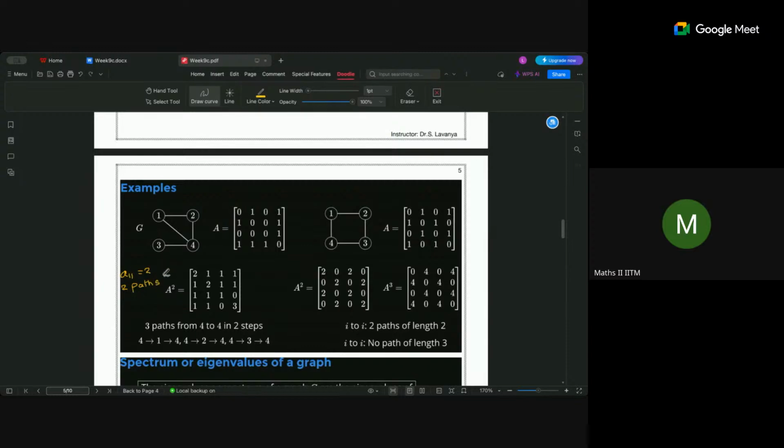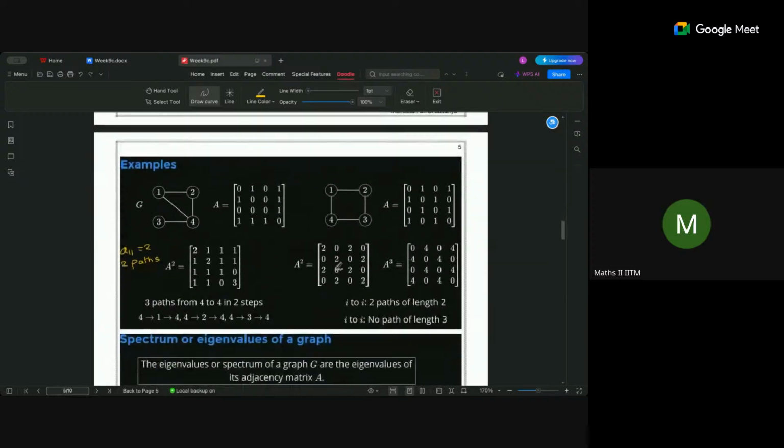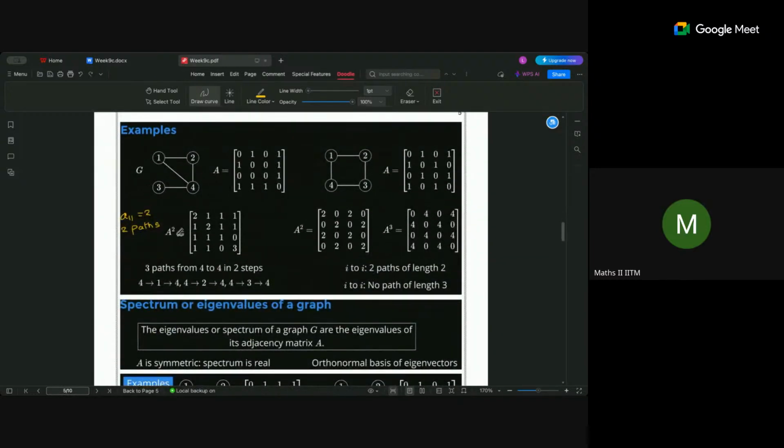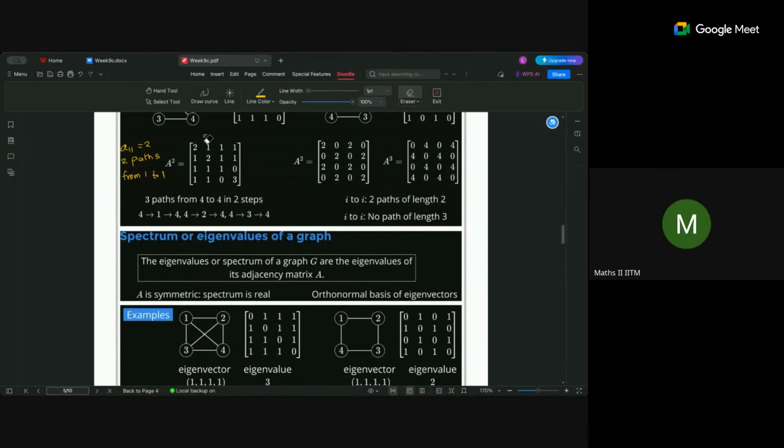What is your K here? Can you tell me? What is the power of A? 2. Yeah. So it means you have 2 paths from 1 to 1 in 2 steps. Let me write it: in 2 steps.